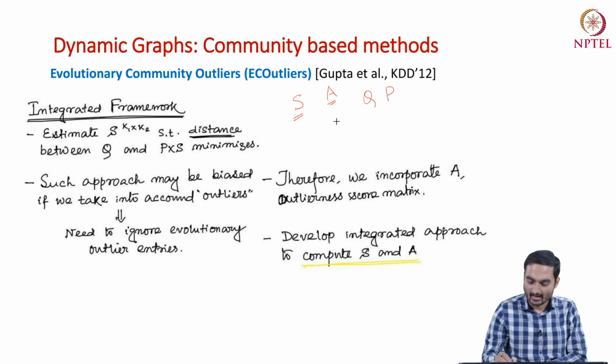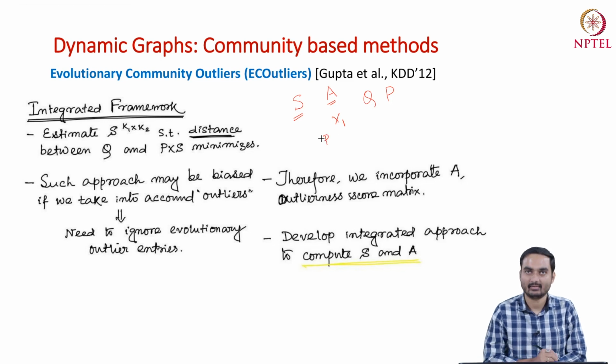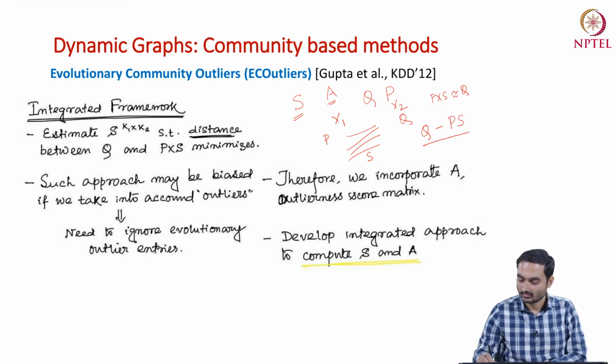At X1 you have this P matrix, you have some correspondence, and you get X2 and Q. This correspondence is S. So, ideally P times S should be the same as Q. This should be the ideal scenario. So, Q minus P times S would be the error.